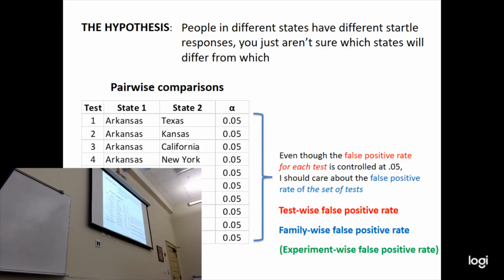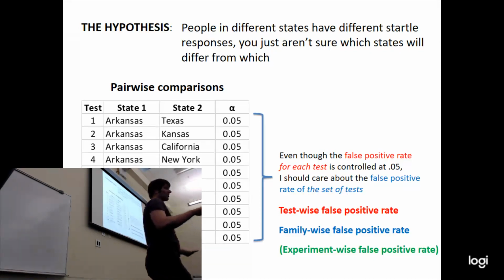I'm not going to talk about the experiment-wise error rate in detail because I don't think it's particularly interesting. For me, what is interesting is the error rate when you're trying to provide support for or refute a particular theory. That's why I'm focusing on the family-wise error rate. But you sometimes see this term thrown out, sometimes used interchangeably with family-wise. So I just want you to know that it's up there.